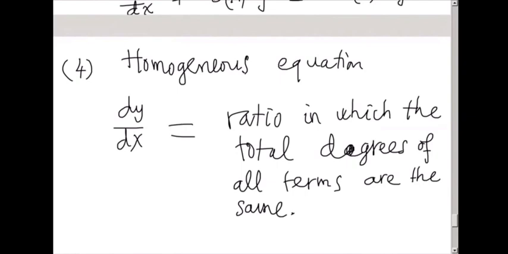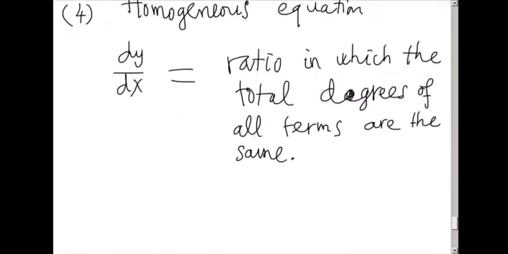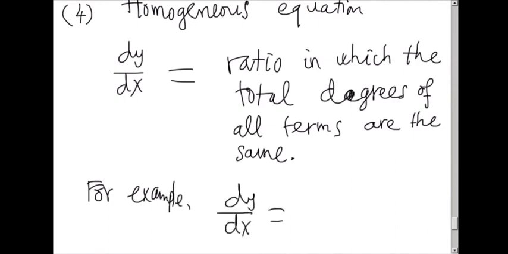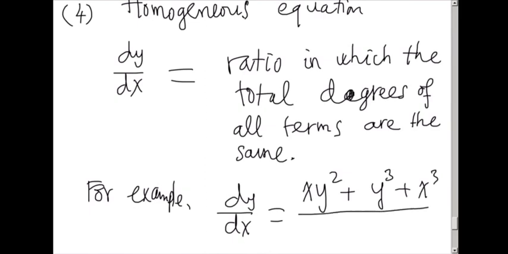So you look at the terms in the numerator, the terms in the denominator, all of them have the same total degrees. We saw that earlier, but for example, something like this as well: x y squared plus y cubed plus x cubed over 2x cubed plus yx squared.